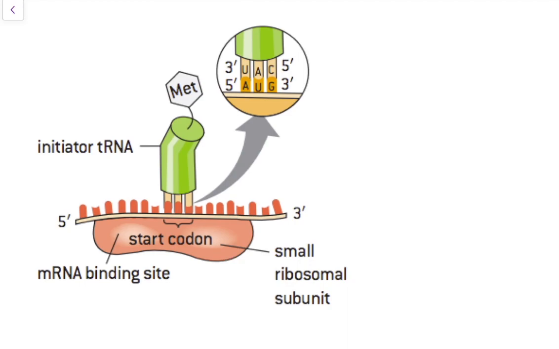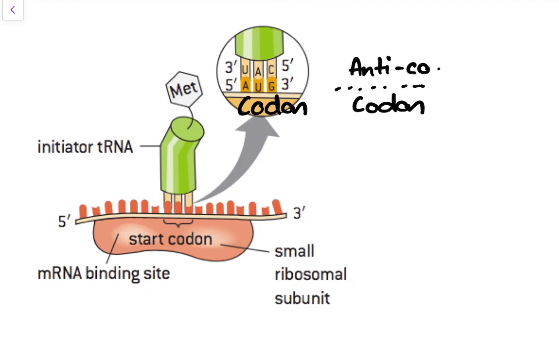So if we call the 3 bases on the mRNA the codon, the thing that is the kind of mirror image, the opposite, that's going to pair to it is the anticodon. So anticodons are on the end of tRNA, and codons are on mRNA, and they're going to match.